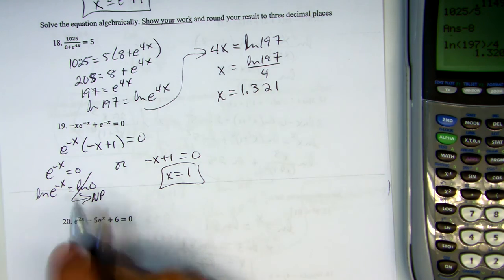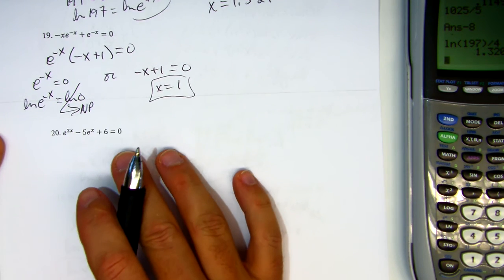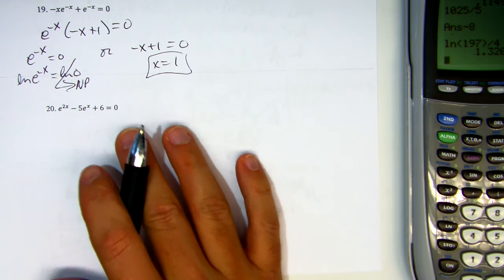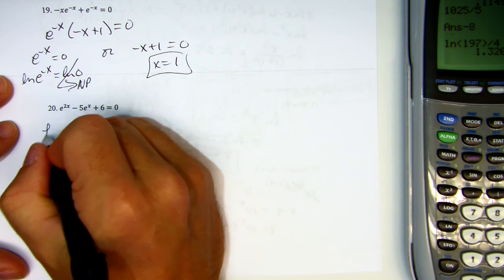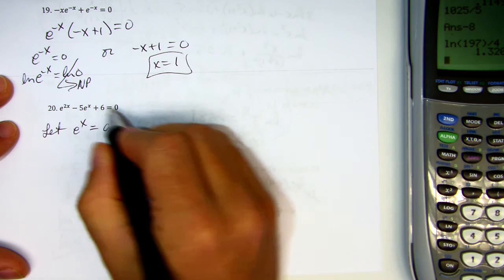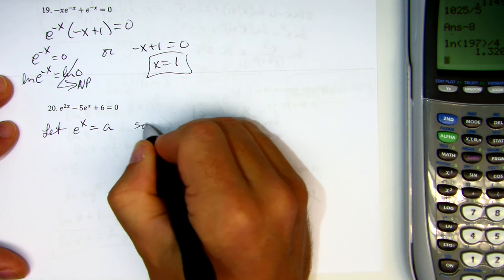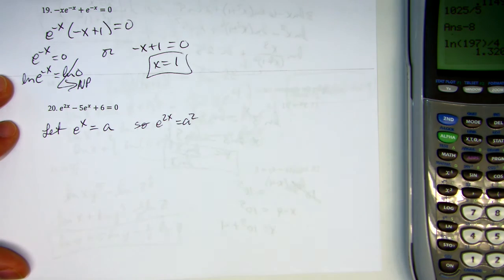Okay? And then this one, I think somebody in here actually was able to factor this without using a substitution. I'm just going to use substitution. It makes it a little bit easier. So I'm going to say let e to the x equal a. So e to the 2x is equal to a squared.